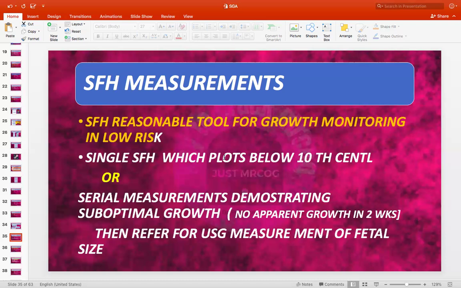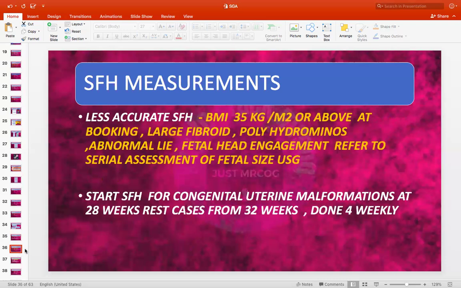If the measurement is below the 10th centile, or growth is not demonstrated, then we have to offer fetal size biometry. SFH is less accurate in certain conditions, like BMI 35 or more at booking, which is very important, large fibroid, polyhydramnios, and abnormal lie or fetal heart engagement.